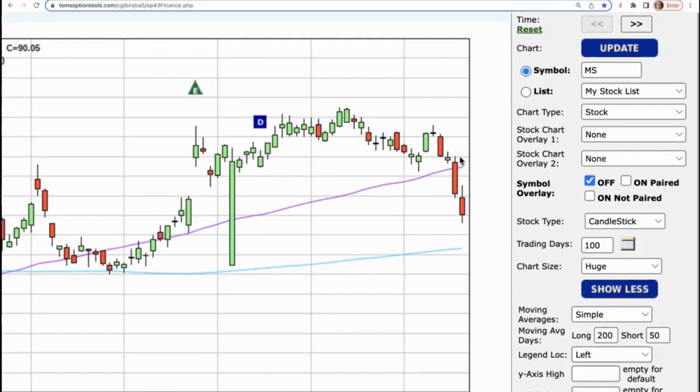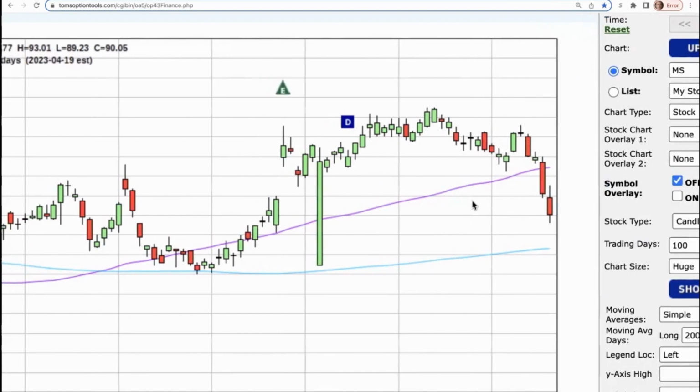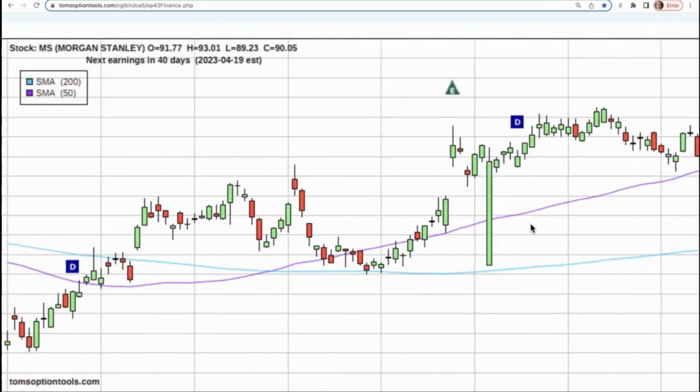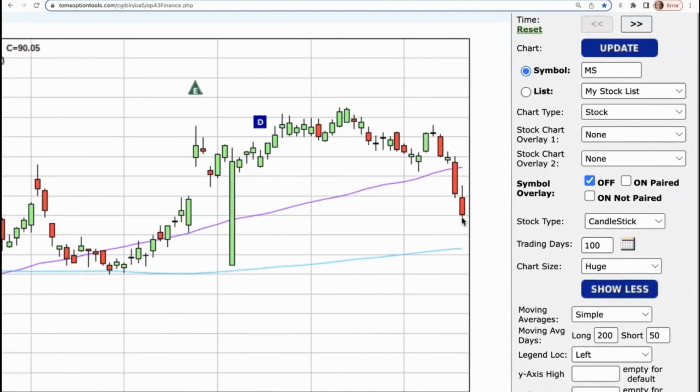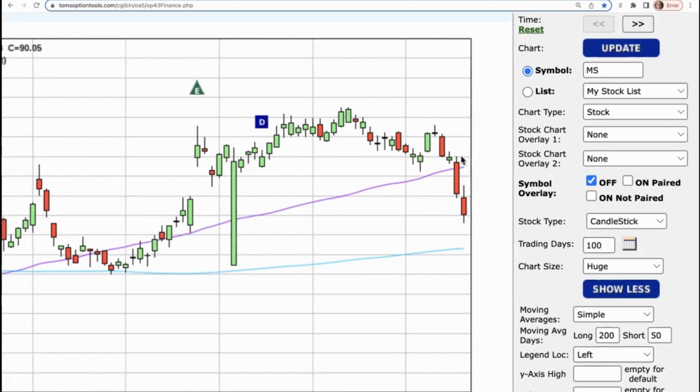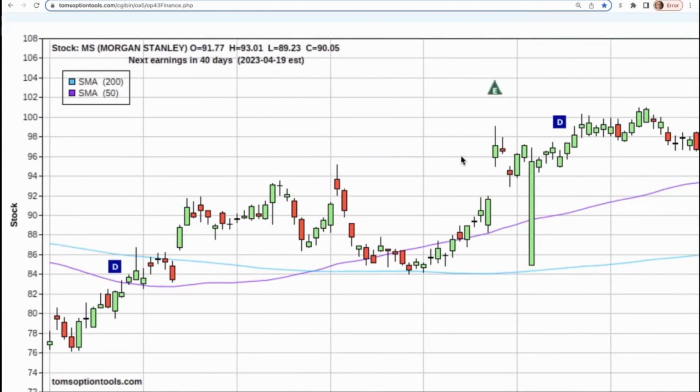So when I see that line at 96, for me to get hurt on this trade, the stock, which is currently at 90, would have to bounce back up above 1, 2, 3, 4 resistance levels before we get hurt on this trade.